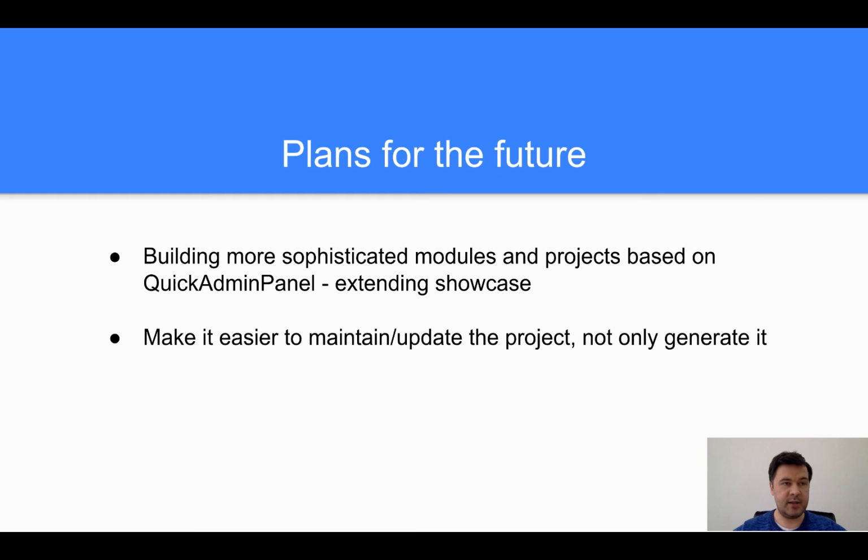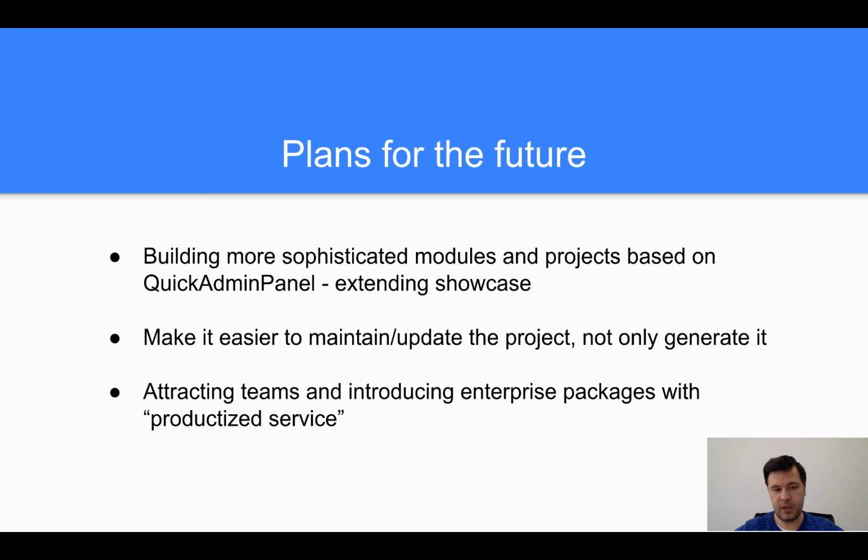The way that tool works is basically integrating into your GitHub account and adding a pull request with changes to your new version, and then you approve and merge the pull request, and then maybe solve some conflicts. So maybe we will see something like that, but it's among the top priorities for the nearest future of QuickAdmin Panel.